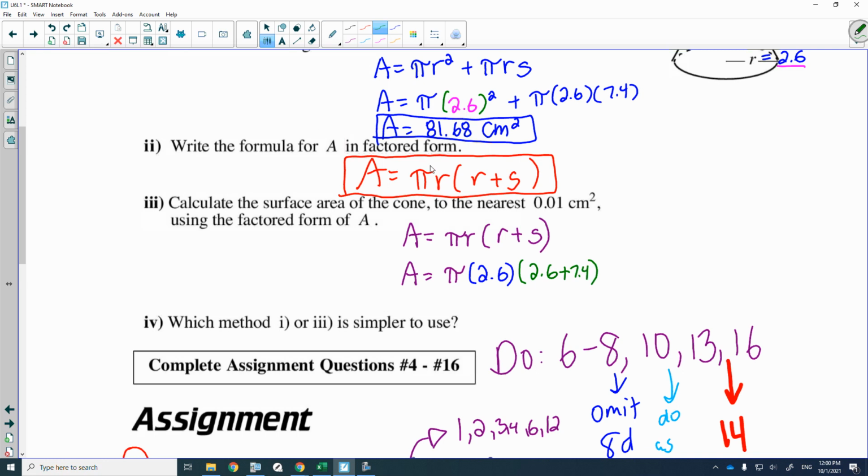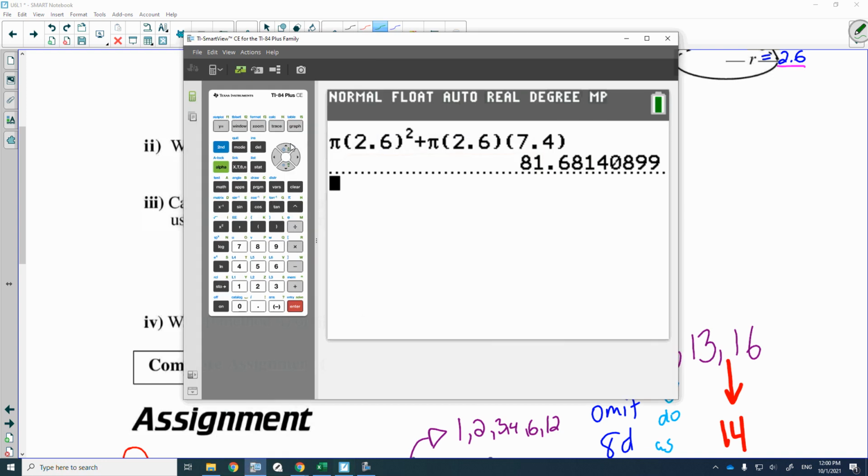Now you're going to enter this on your calculator exactly as you wrote it. So second function pi, r was 2.6 and then open bracket 2.6 plus 7.4. What do you notice? It's the same. If you factor correctly, you have to have the exact same answer.